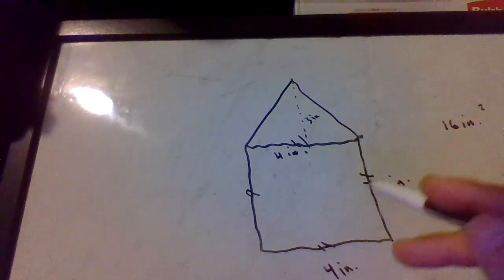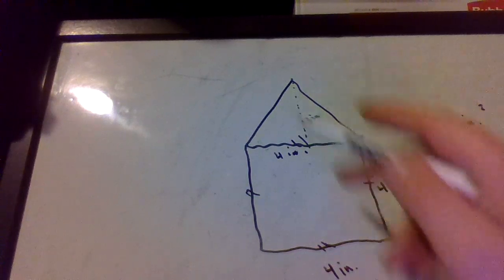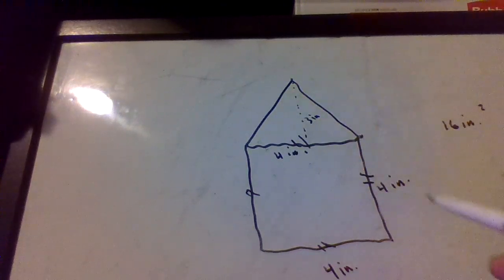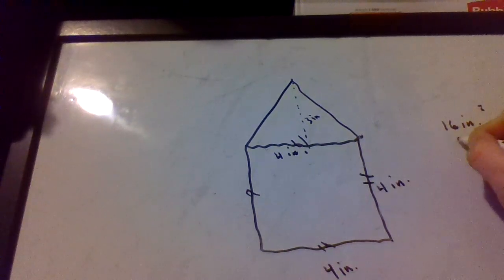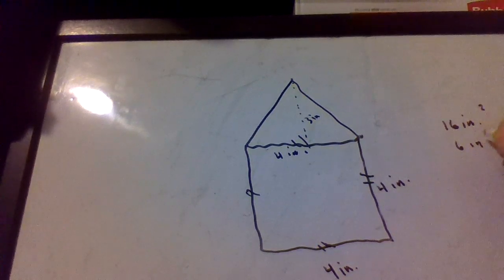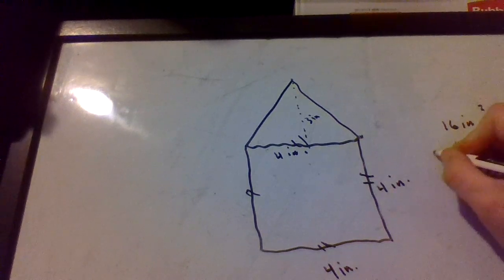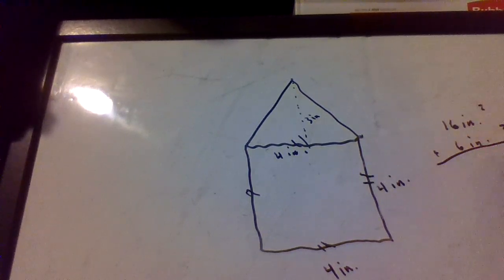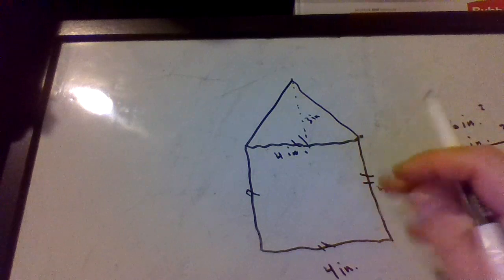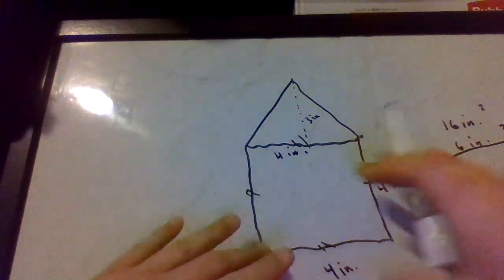And we're going to divide it by 2. So 4 times 3 is 12. And 12 divided by 2 is 6. 6 inches squared.